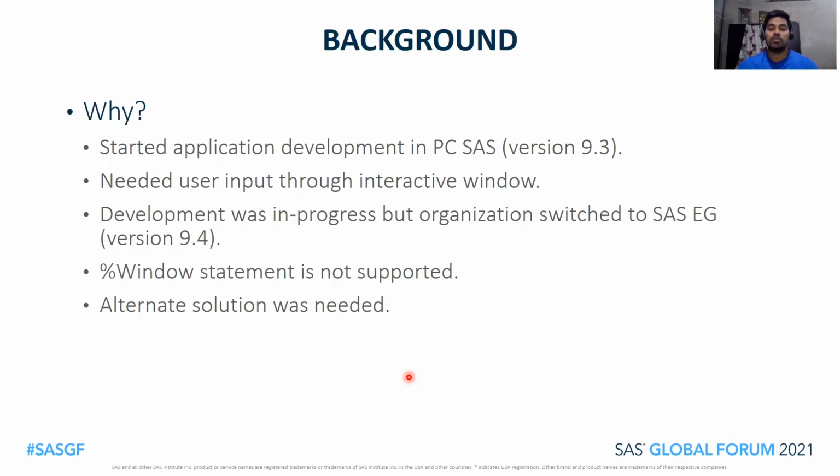While the development was in progress, the organization switched to a newer version of SAS, 9.4, and started using SAS Enterprise Guide. PC SAS was no longer available to us. The drawback is that the %WINDOW statement is not supported in SAS Enterprise Guide, so an alternate solution was needed.